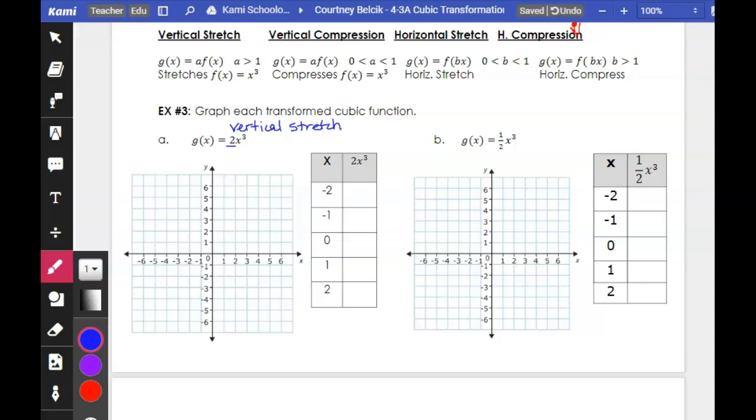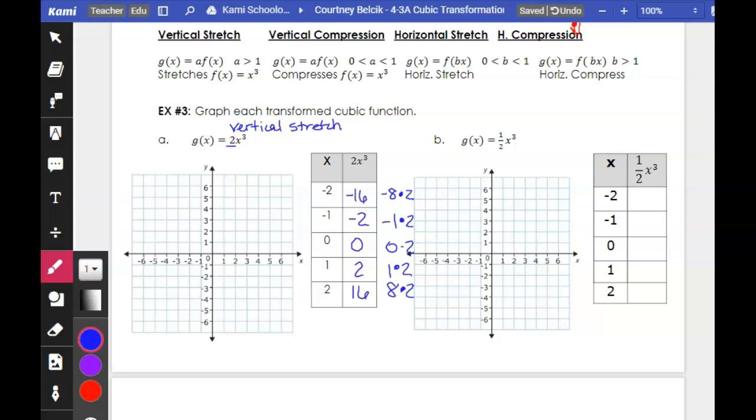So what I'm going to do is, instead of my y values being x cubed, like -8, -1, 0, 1, and 8, my y values are now going to be 2 times x cubed. So I'm going to multiply all of these by 2. I'm going to stretch them all vertically. So my new y values are -16, and -2, and still 0, and 2, and 16. So I'm going to take 2 times my x cubed values, and that gives me the y's.